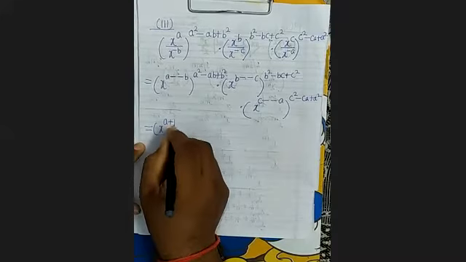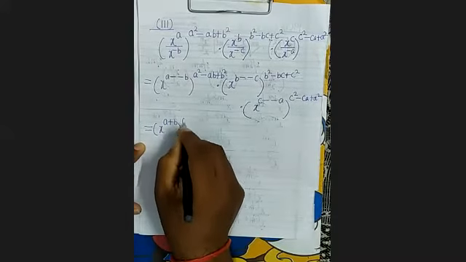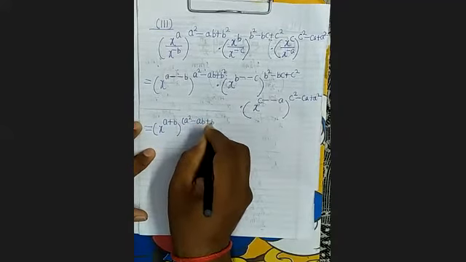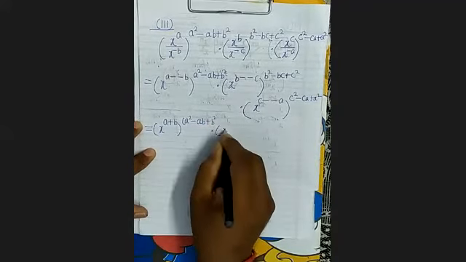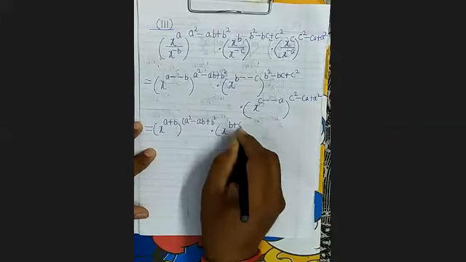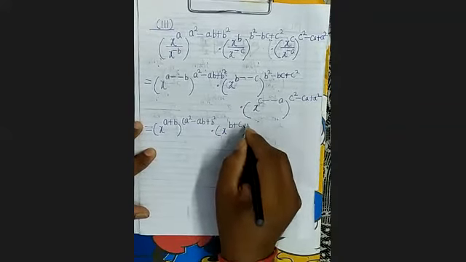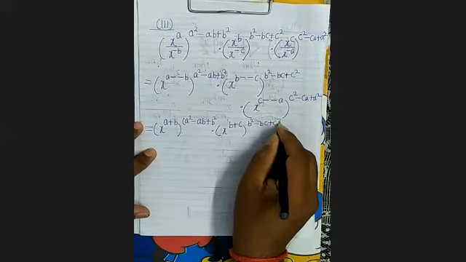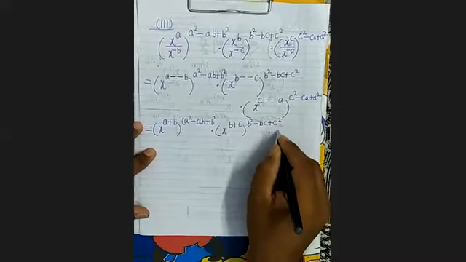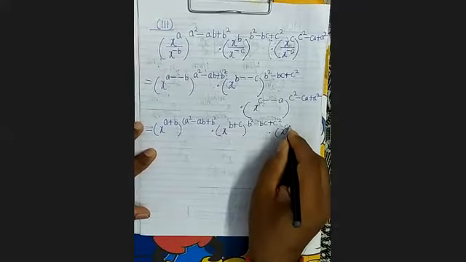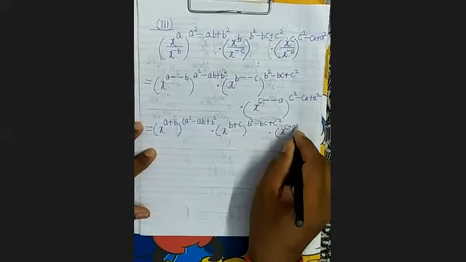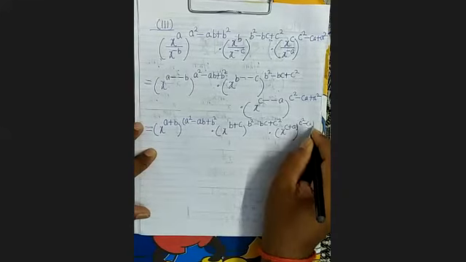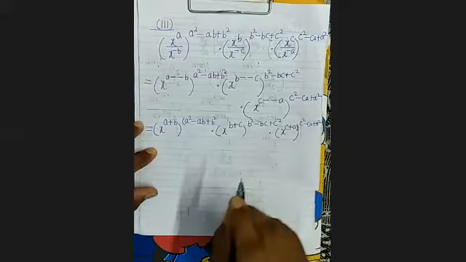So a plus b, outside a square minus ab plus b square. b plus c, outside power is b square minus bc plus c square, into x to the power c plus a and outside power is c square minus ca plus a square.